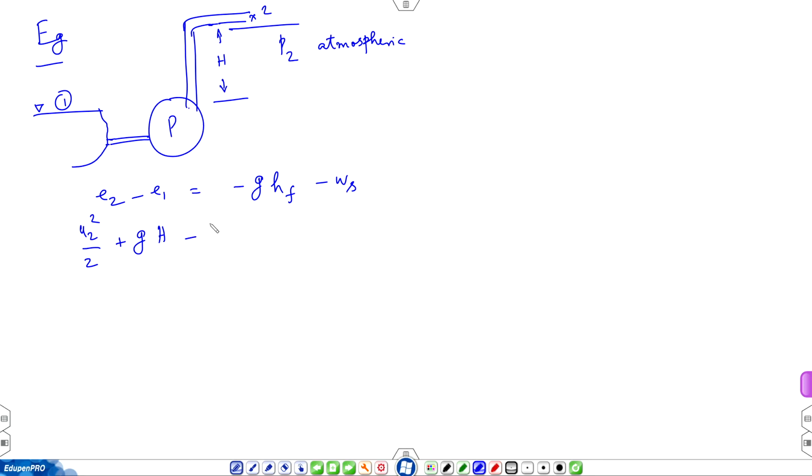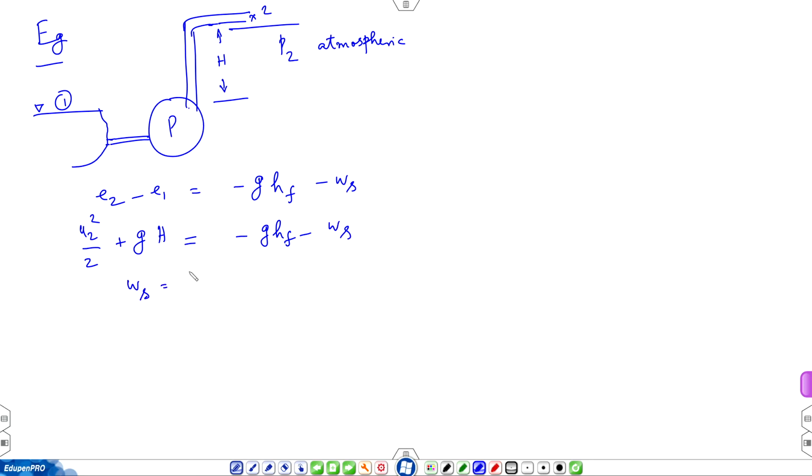Minus... atmospheric pressure cancels off, gravitational potential cancels off, velocity is 0. So, this is equal to minus g hf minus Ws.